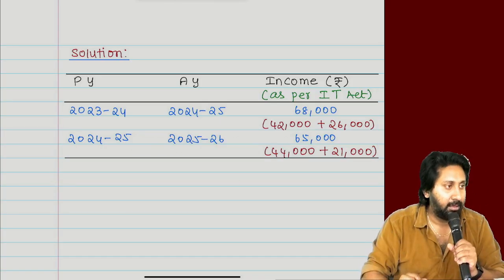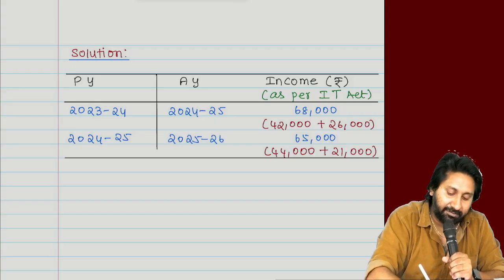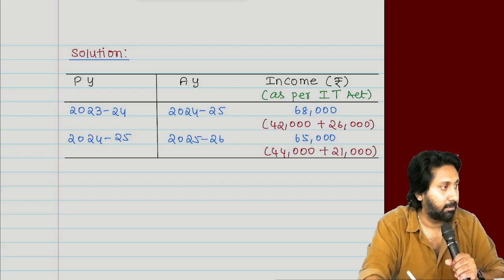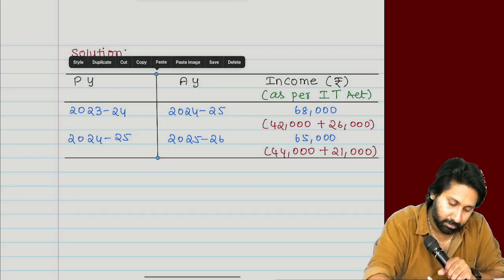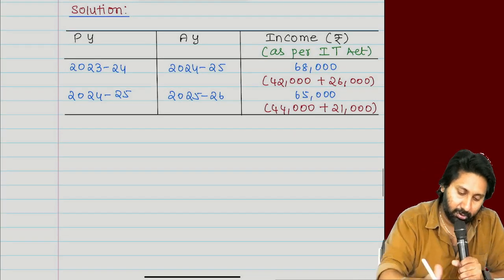Okay. That's it. First of all, everyone tell me, did you understand the logic clearly, books of accounts and taxation year? Yes. Finally, write down.